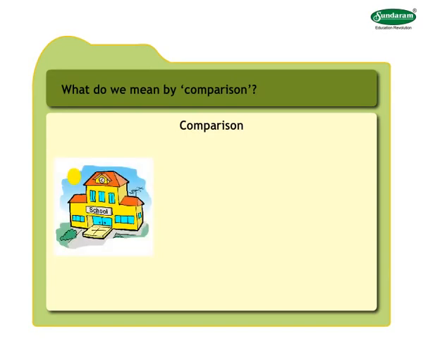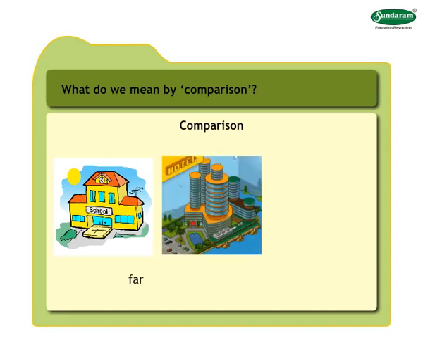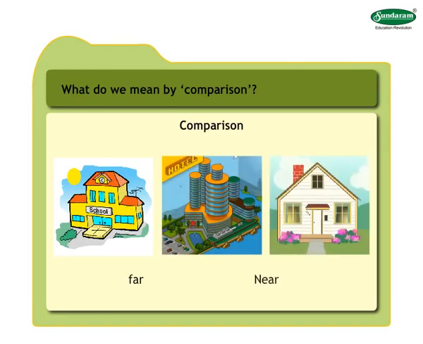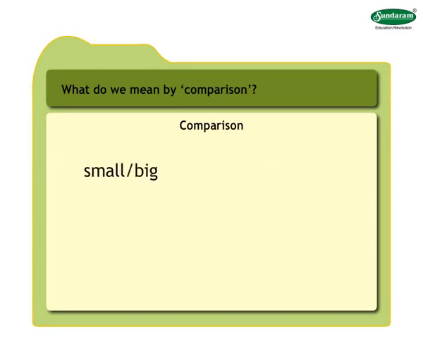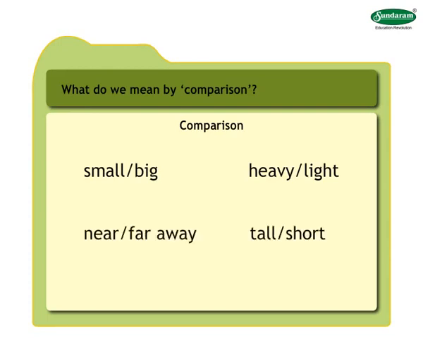My school is far away from my house. The hotel is nearby my house, and many such words. All the words used in the examples like small, big, heavy, light, near, far away, tall, short are all words of comparison. Look at the picture alongside.